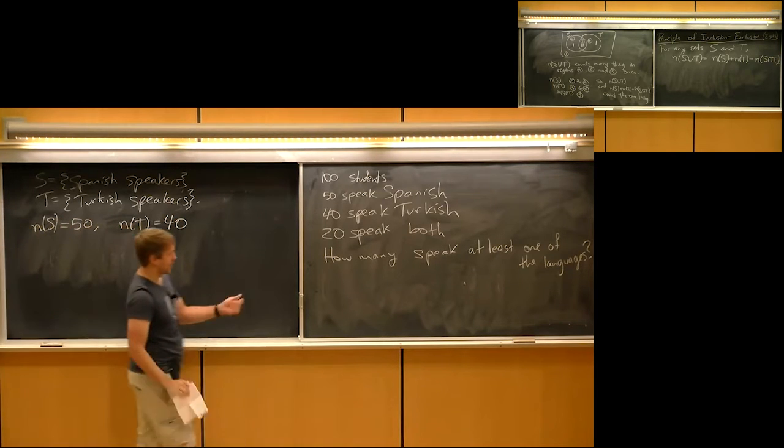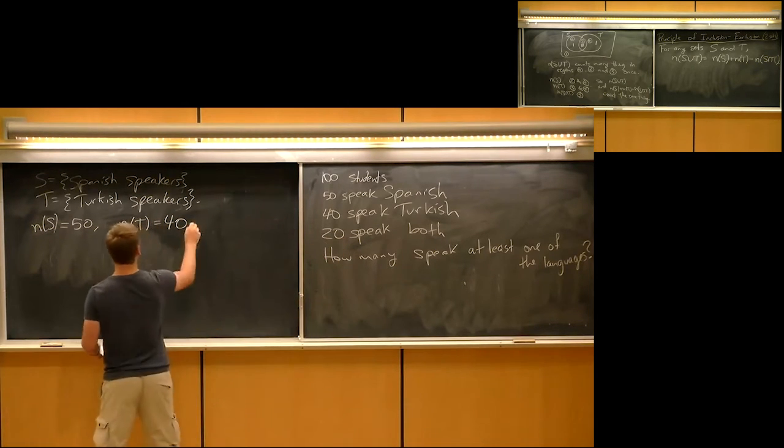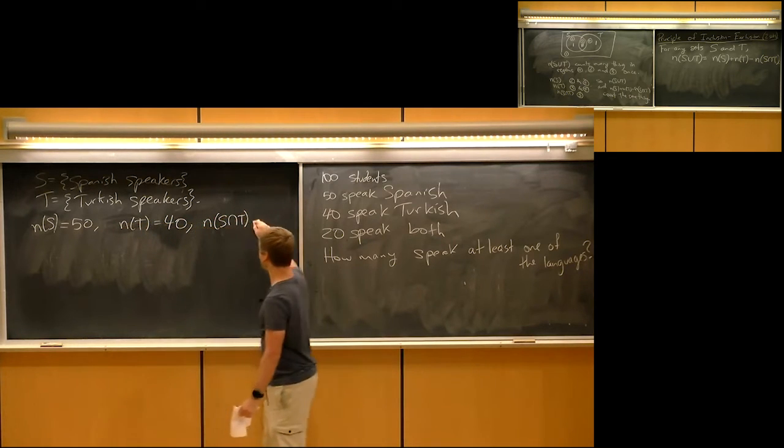Can anyone tell me what this last condition is telling me? Exactly, yeah. So the number of things in S intersect T is 20.